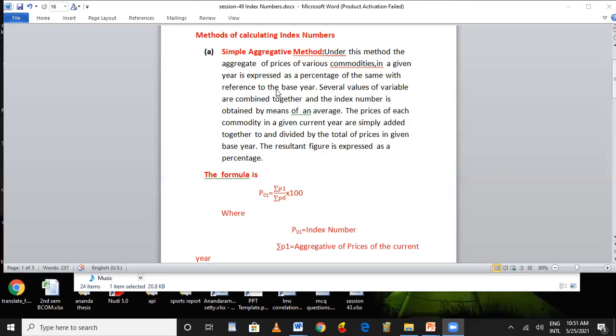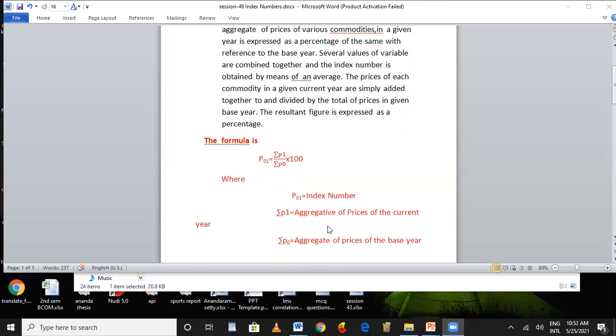The total of the prices of the current year and the total of the prices of the base year are divided, and it is expressed as a percentage by multiplying by 100, so that we get P01, the index number.